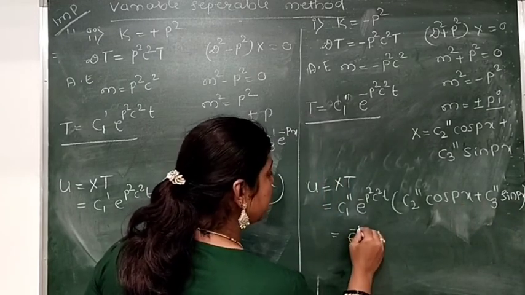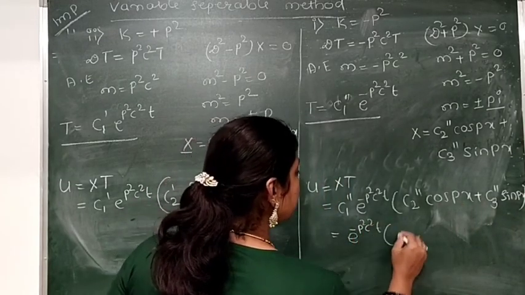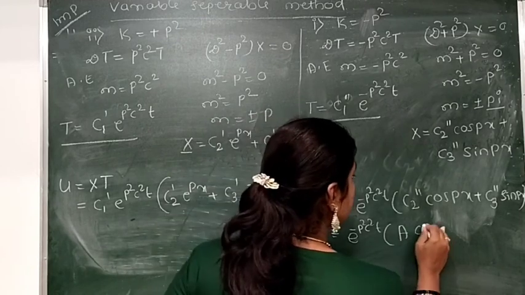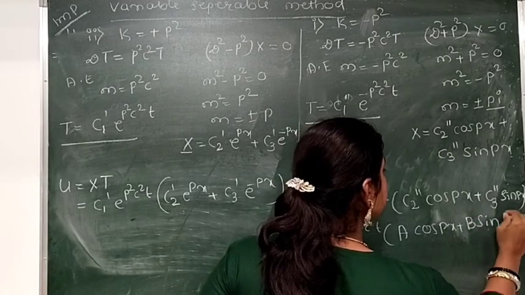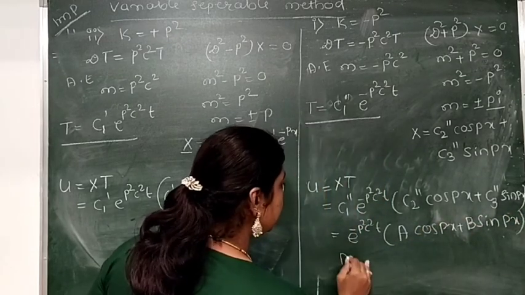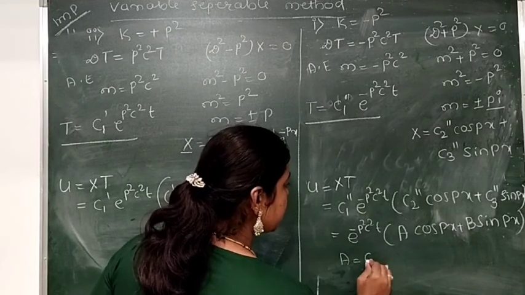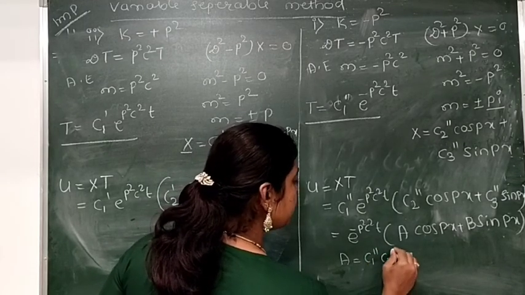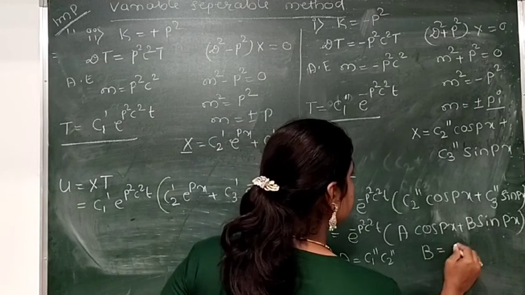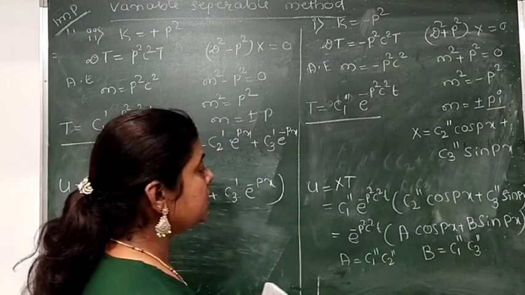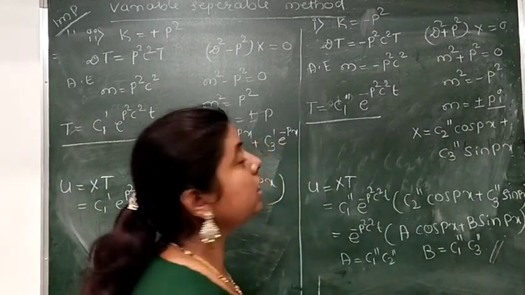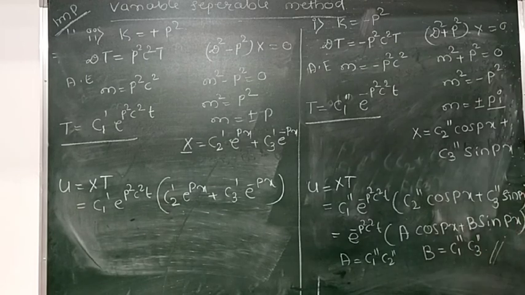Now we write this as e^(-p² c² t)(a cos px + b sin px). As we did earlier, we consider a as c1'' c2'' and b as c1'' c3''. This is the final result for the heat equation solved by the variable separable method. Similarly, we have to do it for the wave equation.